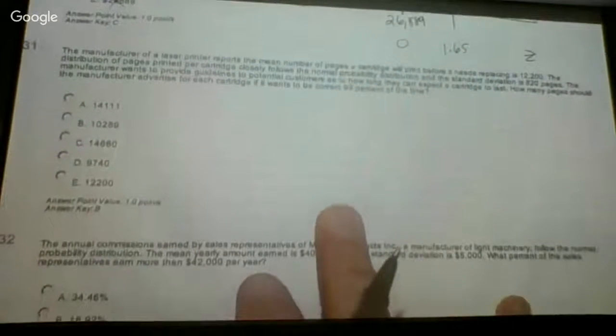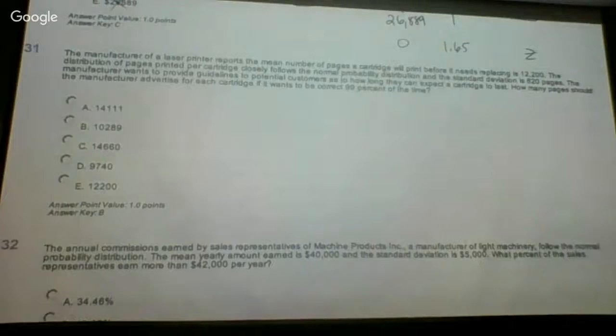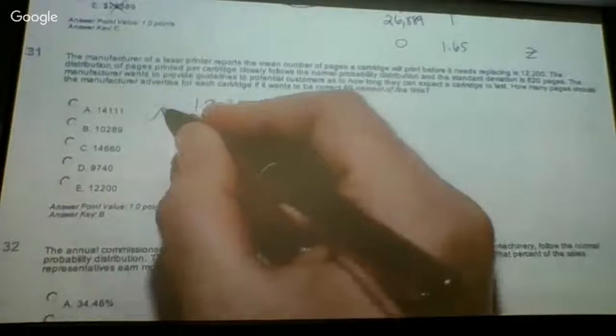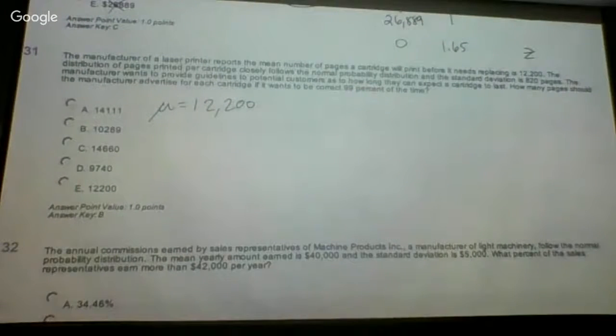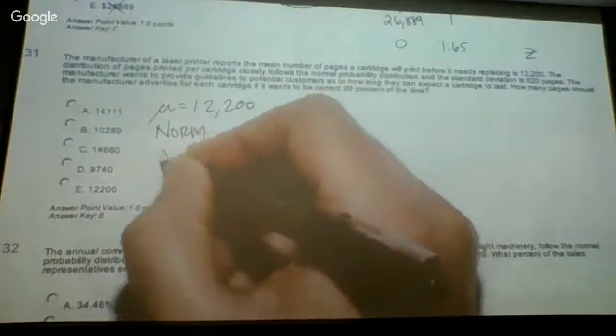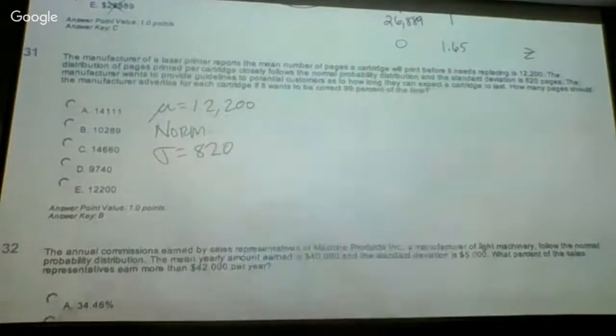In 31, the manufacturer of a printer reports the mean number of pages the cartridge will print before needing replacement is 12,200. So the mean is 12,200. It follows a normal probability distribution with a standard deviation of 820. The manufacturer wants to provide guidelines to potential customers as to how long they can expect the cartridge to last.